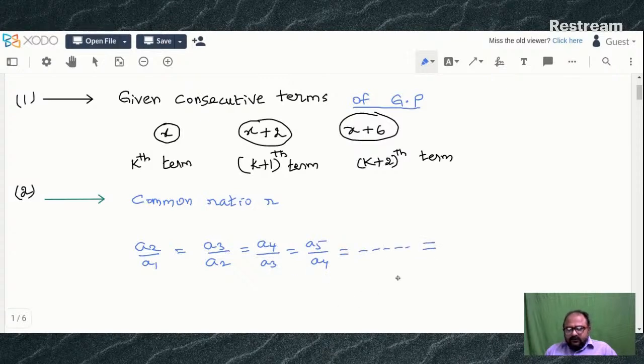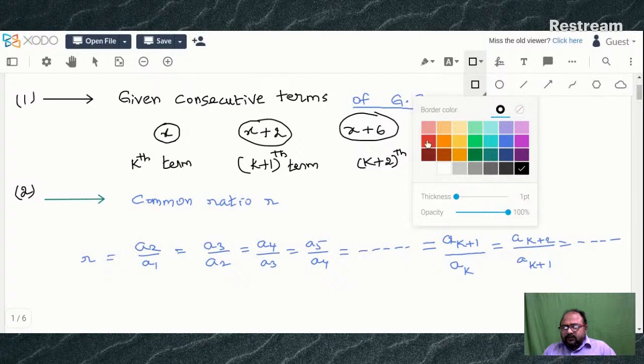We can write the k plus 1 term, denoted by a k plus 1. a k plus 1 is k plus 1 term by kth term, equal to k plus 2th term, a k plus 2, k plus 2th term by k plus 1 term, and so on. This is how we define the common ratio.